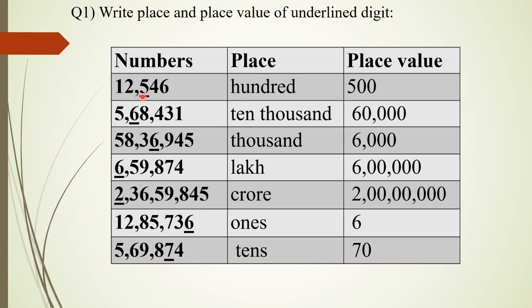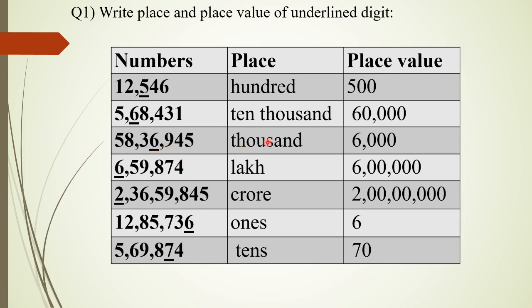5 is at 100 position, so you multiply 5 by 100. So 5 into 100 is 500. Then 6 is at 10,000 position, so multiply by 10,000, that means 60,000. Now in this number 6 is at 1000 position. Look here, this is ones, then tens, then hundreds, then thousand.